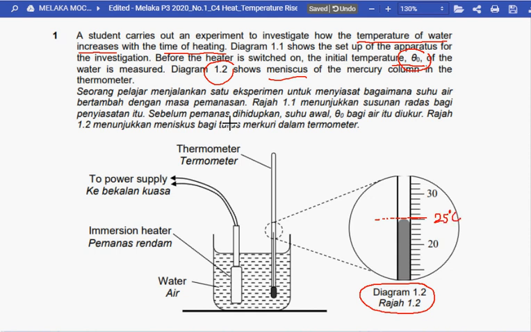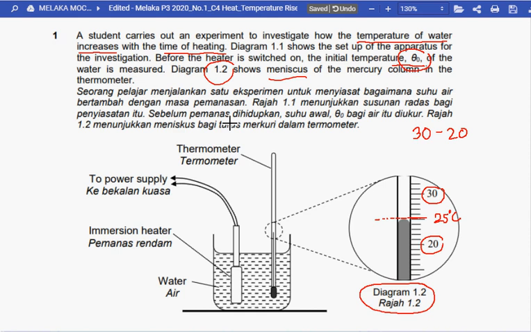Do we need to write 25.0 or not? In order to determine whether you need to add a decimal place or not, you look at these two scales, 30 and 20. Just do 30 minus 20, and then you look at the separation between them.